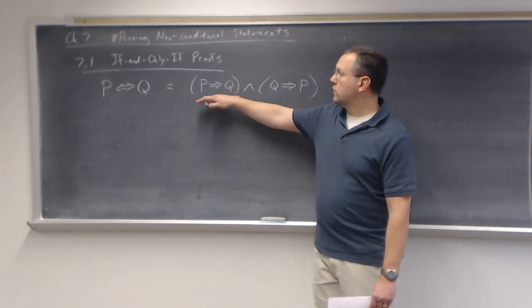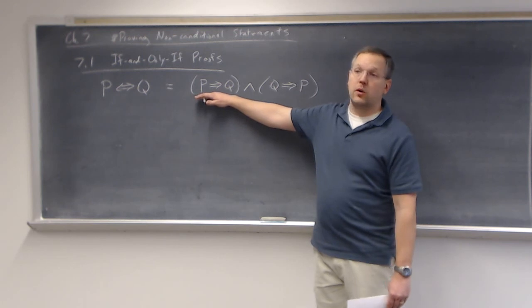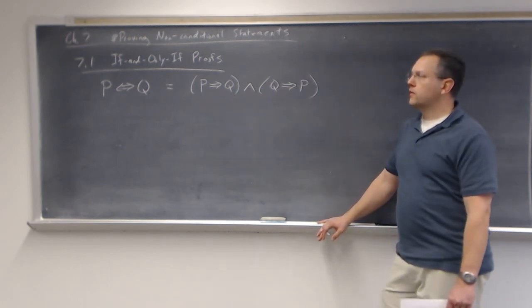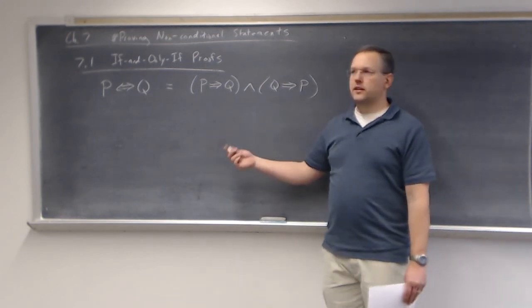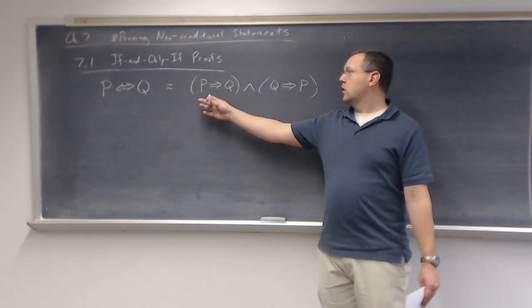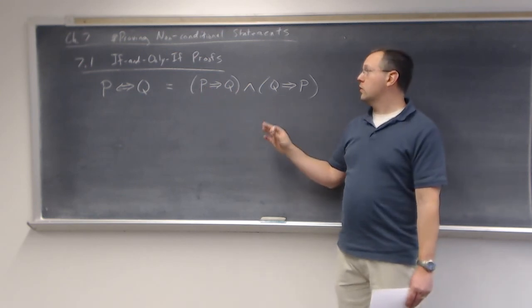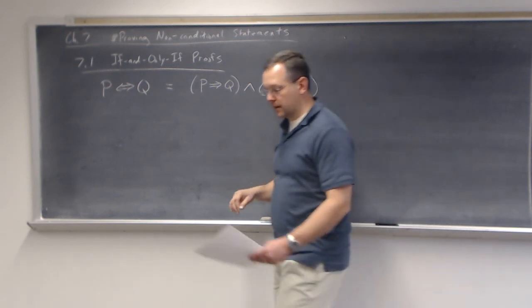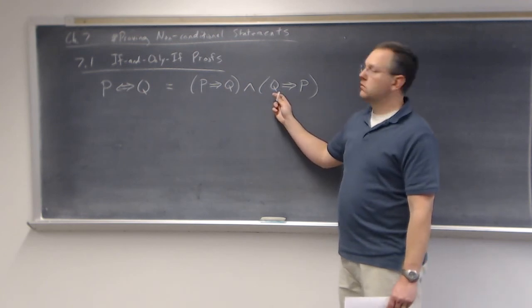So when you're writing your proofs, you somehow let the reader know you're doing this part, and then you do this part. I'll show you two ways that people often use. You might say, first we'll show that P implies Q, and then you do it. Then you start a new paragraph: now we'll show that Q implies P. So it's really like two short proofs in one.